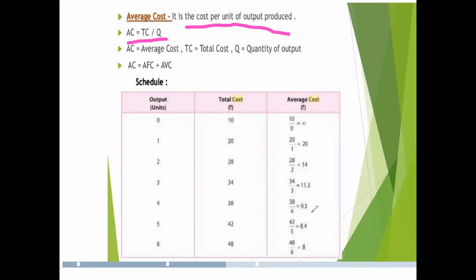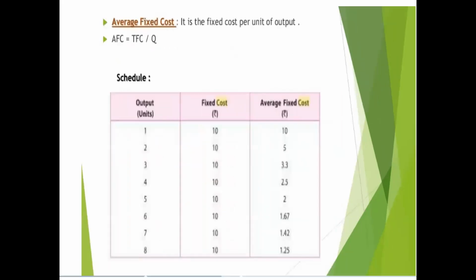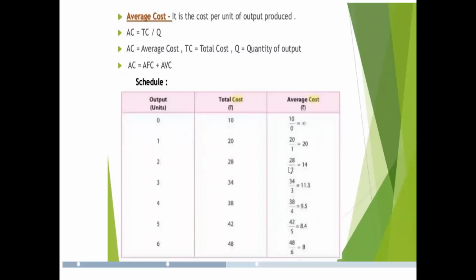So if you want to calculate the average cost, you can divide the total cost by the number of outputs. Right? Then average variable, here the average cost, we already have an idea about that.